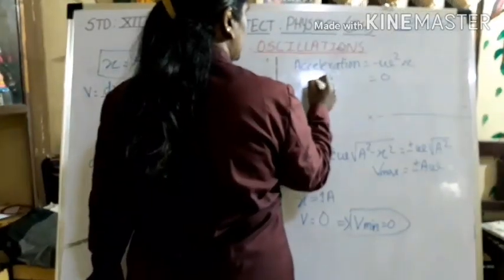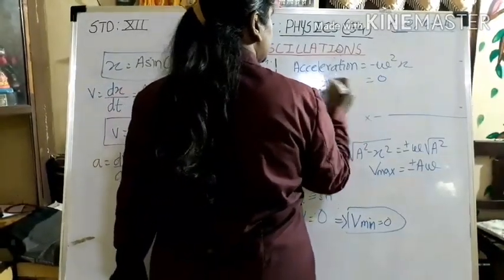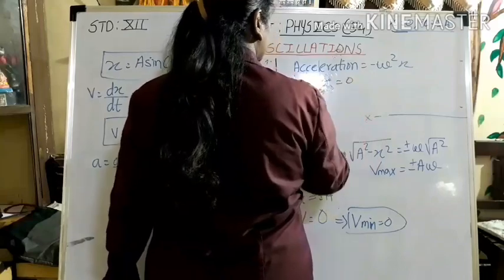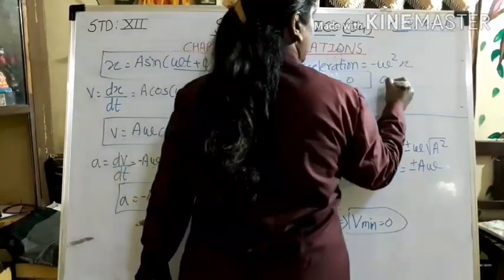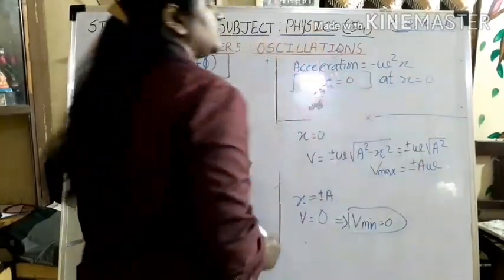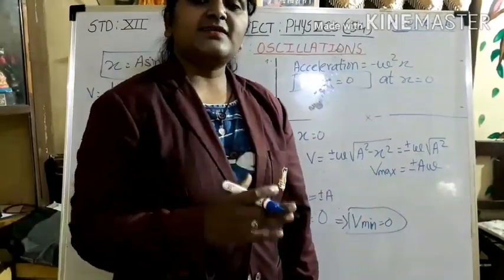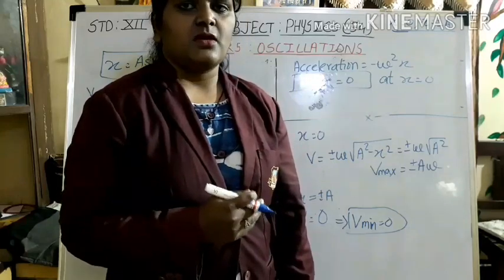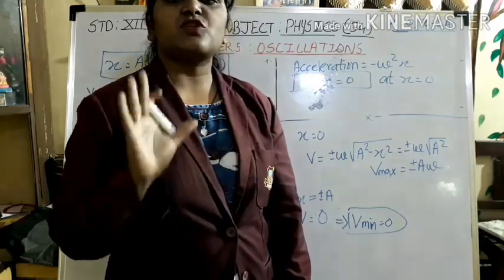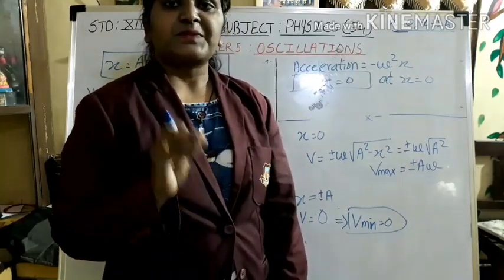So the minimum value for acceleration is 0 at x is equal to 0. I am saying x is equal to 0 means where is the particle? It is at mean position. When I am saying x is equal to plus or minus a, it is at extreme position.